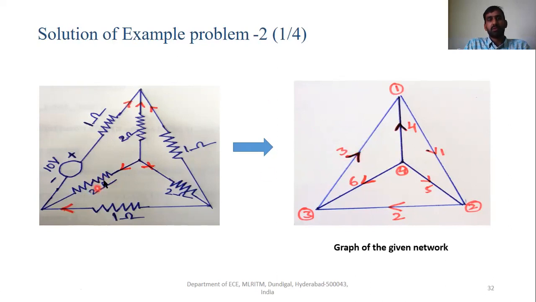And here also for the 2 ohm resistor, we have taken the same direction as given in the network. For the 2 ohm resistor on this side, we have taken the same direction. And we have named the nodes 1, 2, 3, 4, and branches as 1, 2, 3, 4, 5, and 6.